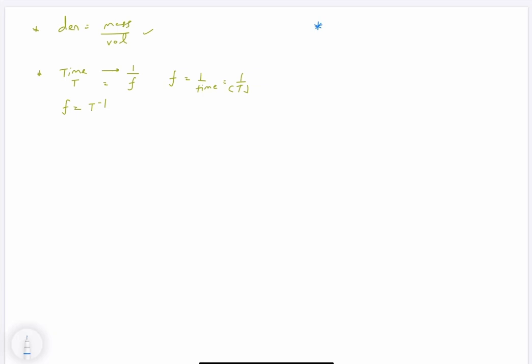Because I don't know if you can, well, you can easily derive it, but I would rather say just memorize it by heart for now, which is nothing but permittivity and permeability.